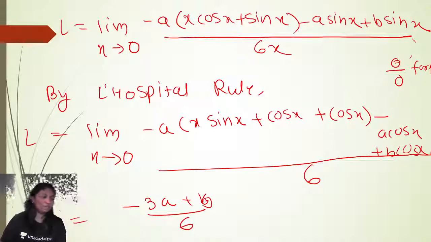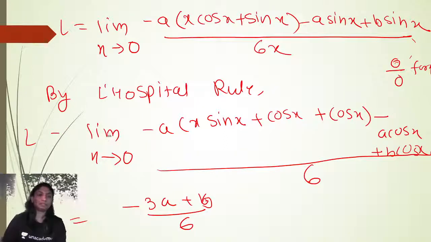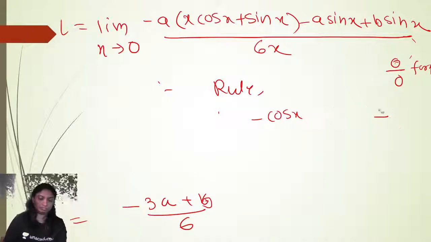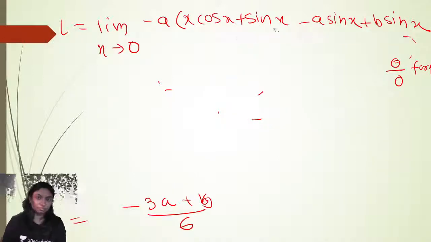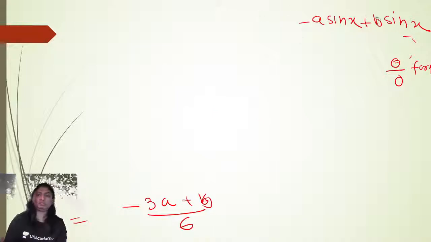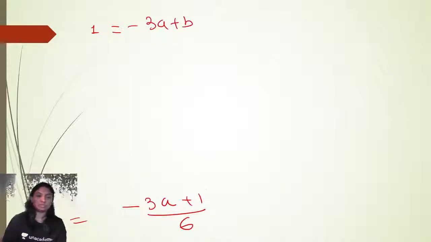but it is given that the limiting value of this is 1, so you will get here your limiting value L is equal to 1. 1 is equal to minus 3a plus b upon 6.